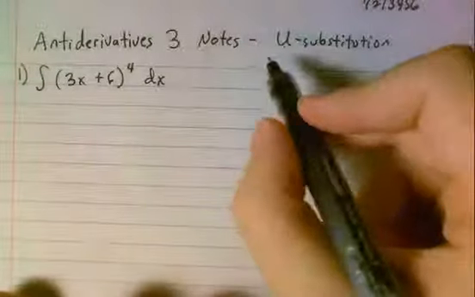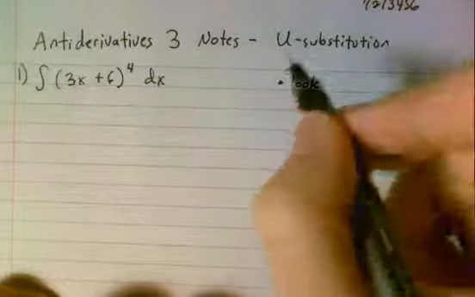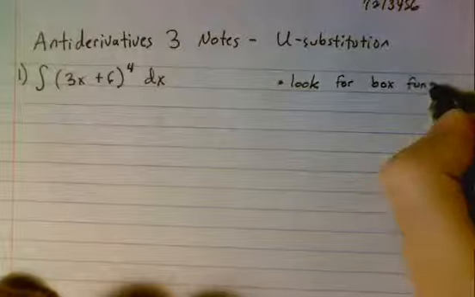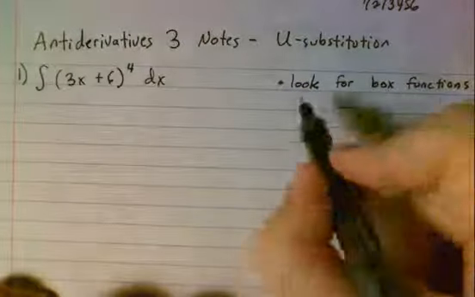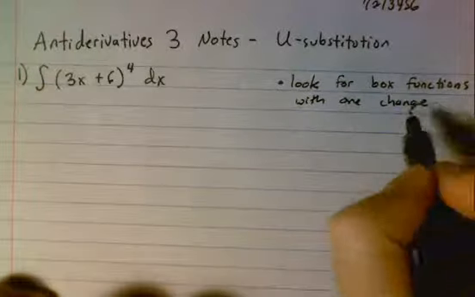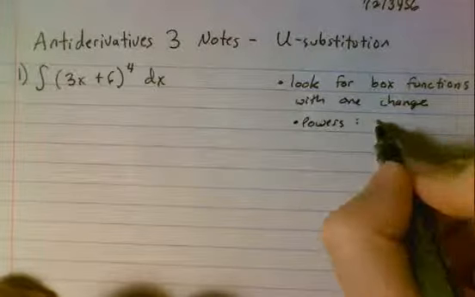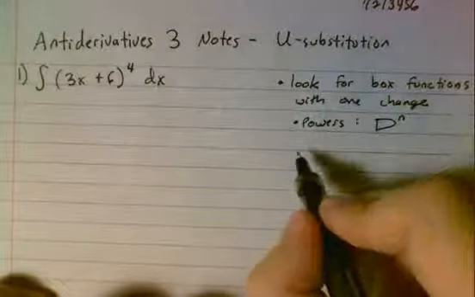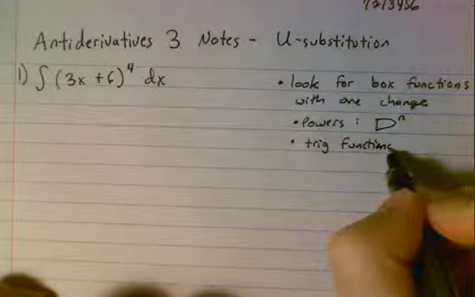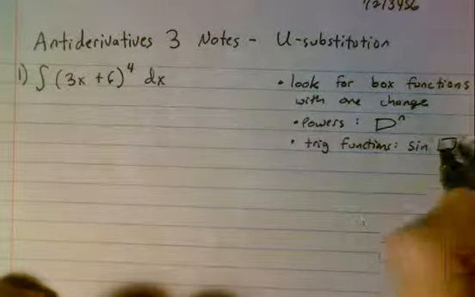To use U substitution, the first thing we're going to do is look for our box functions from the derivatives unit. But there's going to be one change. We're still going to have powers, so that's box to the nth. We're still going to have trig functions, so that's functions like sine of something or cosine of something or whatever.